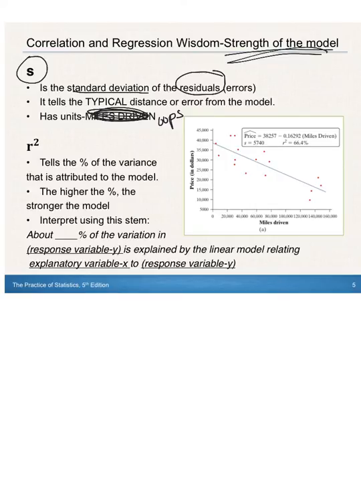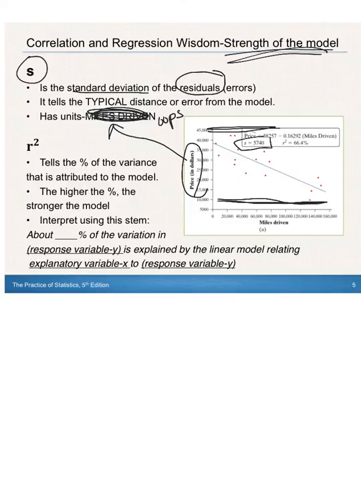So it's telling you the typical distance from the model, and it has units. In this case, with miles driven and price in dollars, that standard deviation is off by almost $6,000. Since our data is like $7,000 to, I don't know, $43,000, to be off by almost $6,000 seems like a pretty loose model.